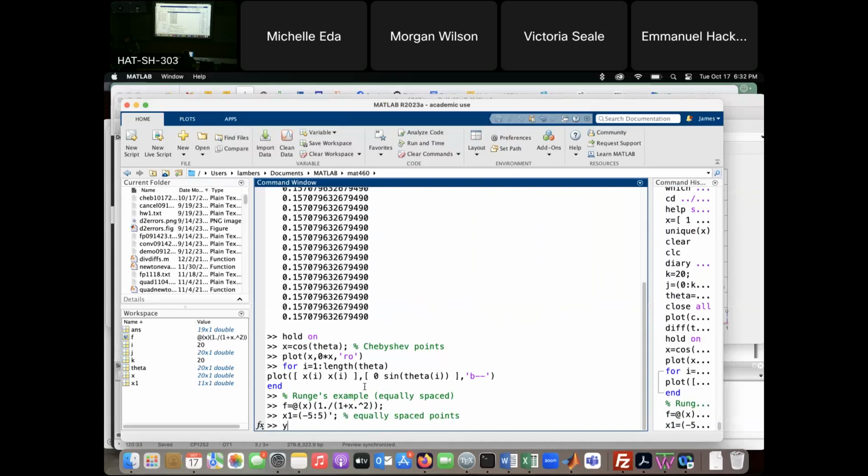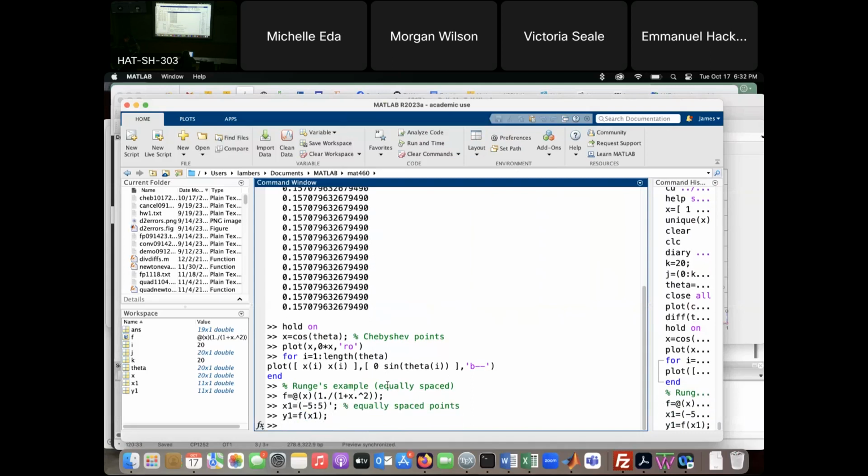Then I'll define y1 to be f of x1. So x1 and y1 are my interpolation data. So I can use MATLAB's polyfit with x1, y1, 10. This gives me the interpolated polynomial for equally spaced points.